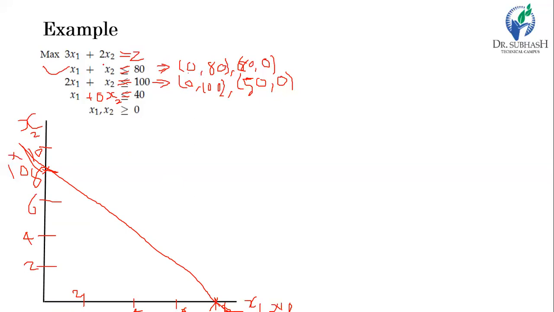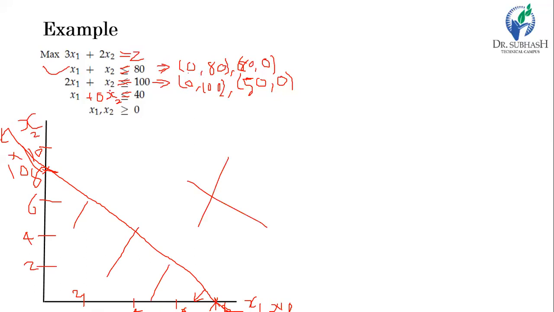For that we have to consider the inequality sign, which is less than or equal to. When the sign is less than or equal to, then the solution must lie towards the origin. So our solution will lie in this area, and this area does not contain any solution.